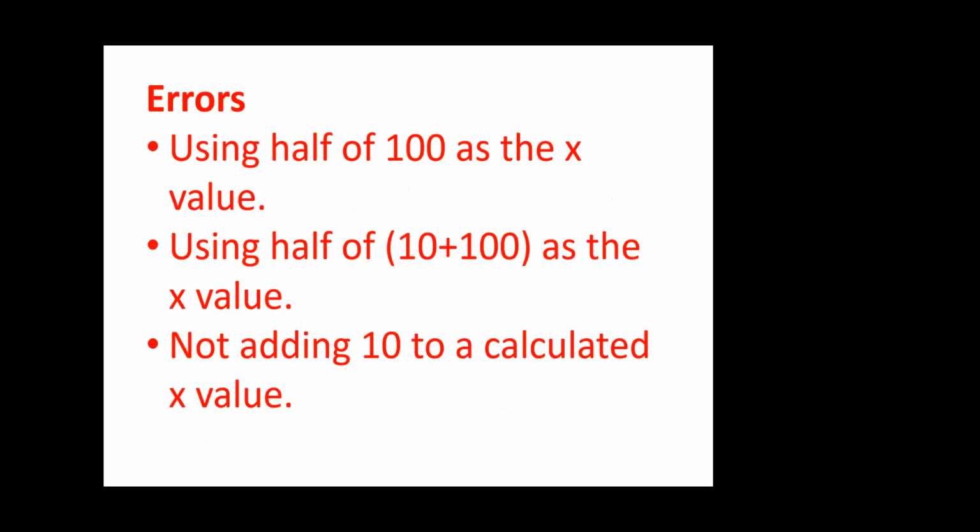Common errors. Well, the biggest issue that we had was students weren't able to get the X value for the turning point. And some of the common things they did were they just looked at halving 100, because we're only dealing with that part above the axis, from 0 to 100.